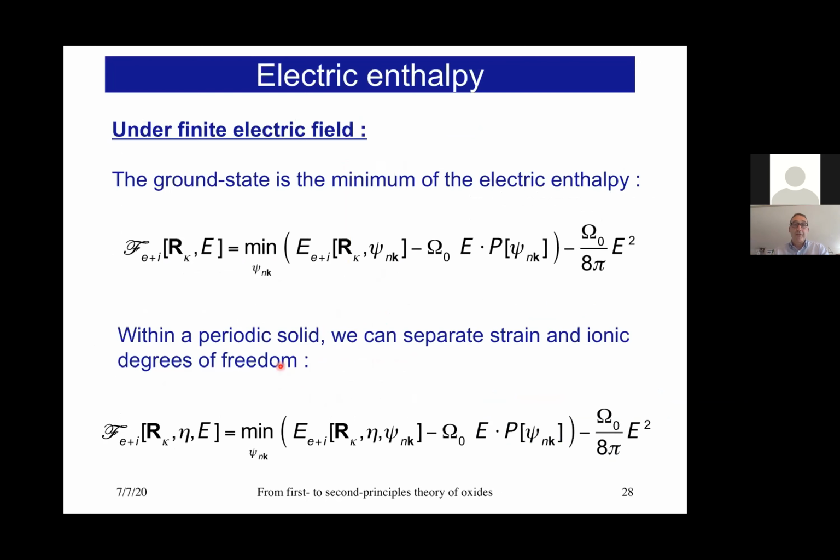Now you can also imagine that you work in finite electric field, and in that case, the quantity that you need to minimize is no more the internal energy of the system, but the electric enthalpy. And that can also be done using DFT methods. So instead of considering the internal Born-Oppenheimer energy of your system, now you need to define an electric enthalpy that is E minus E dot D. And so this is the new functional you need to minimize.